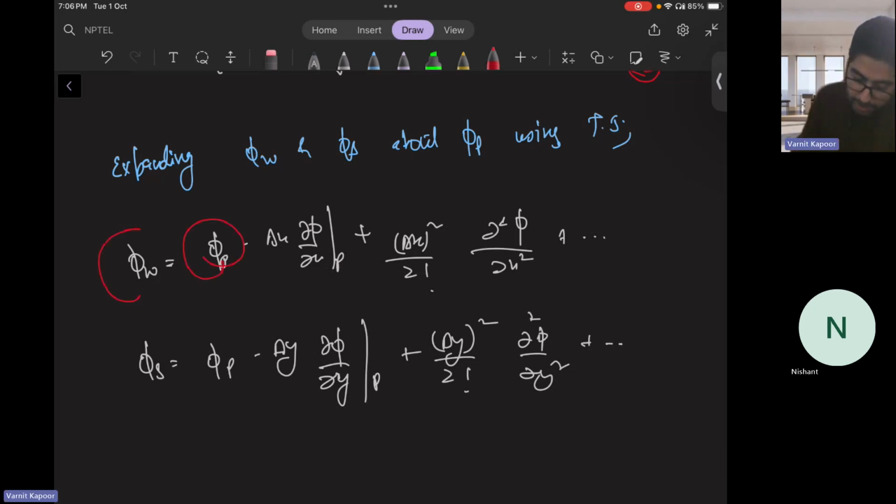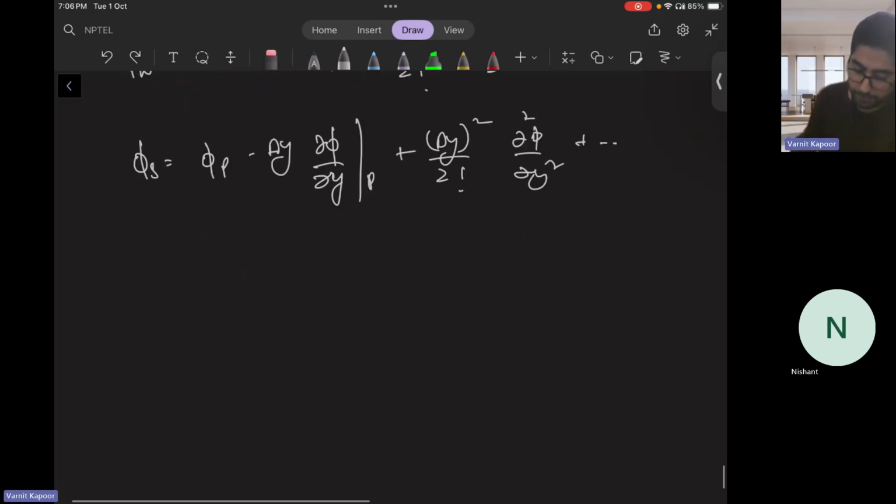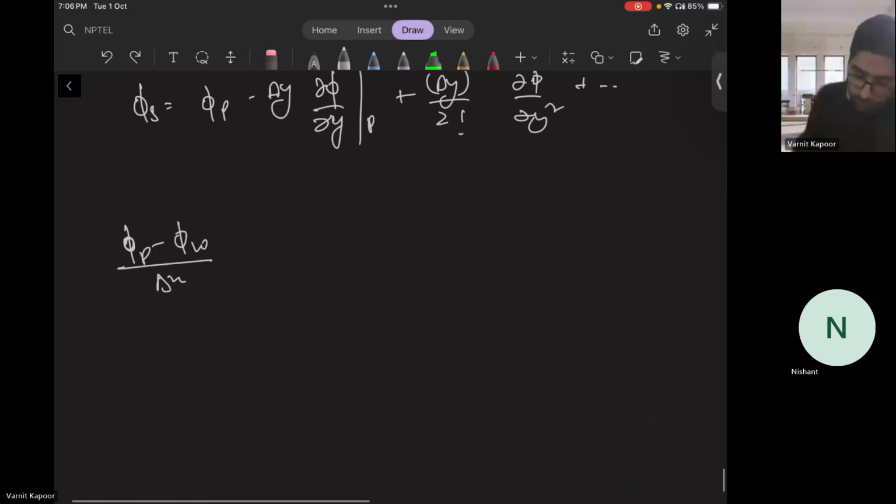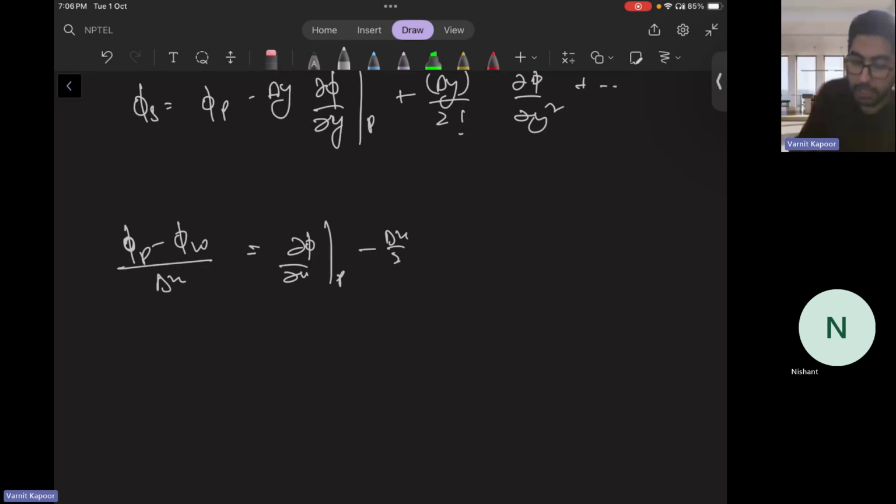Phi P minus phi W by del x you will do. So what you will get? The equation phi P minus phi W by del x, because that is what we only want from here, is dou phi by dou x about P minus del x by 2 dou 2 phi by dou x square about P and so on.